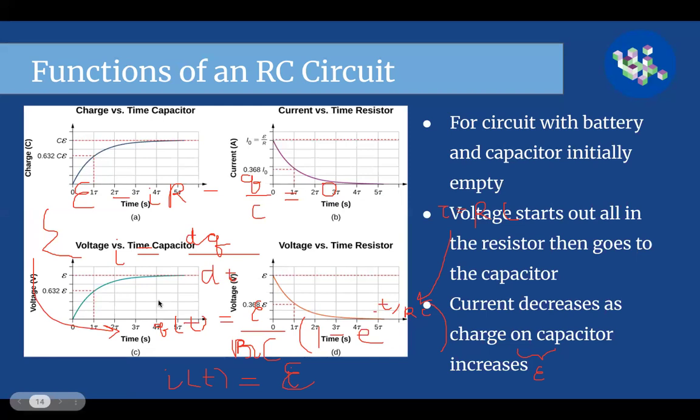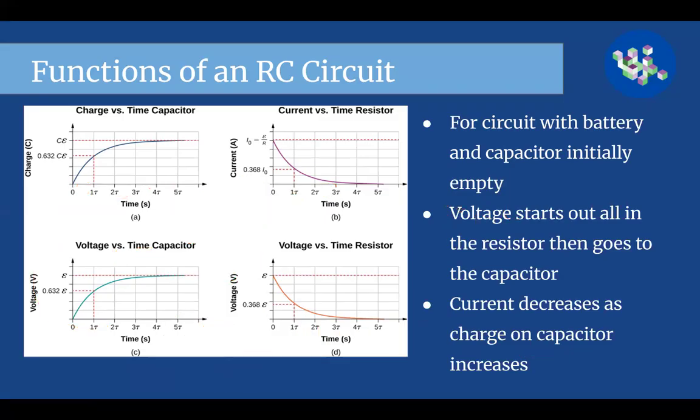As we did before, we can graph the functions we got. You can see that the charge approaches asymptotically since it's a 1 minus a decaying function. It'll approach an asymptote of C times epsilon. And if you take the derivative dq/dt, you'll get the decaying function of the current.